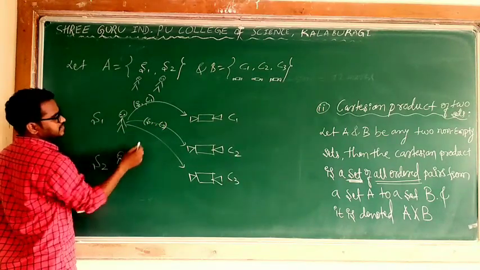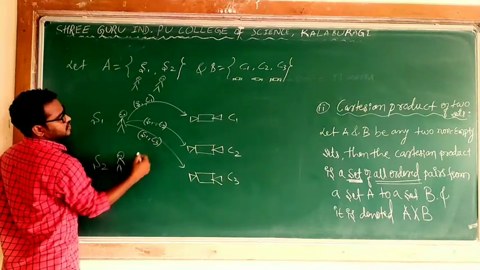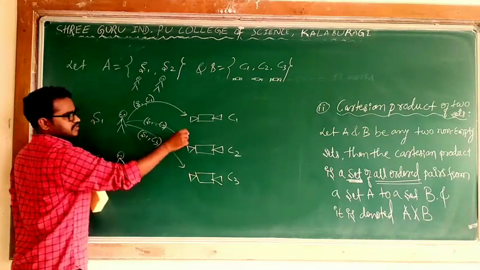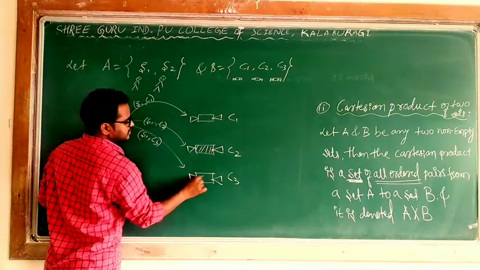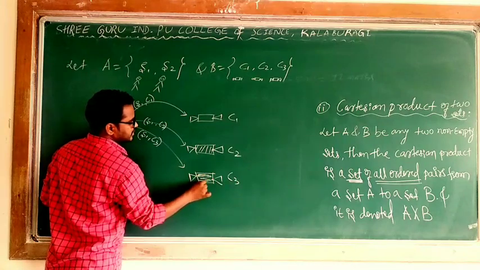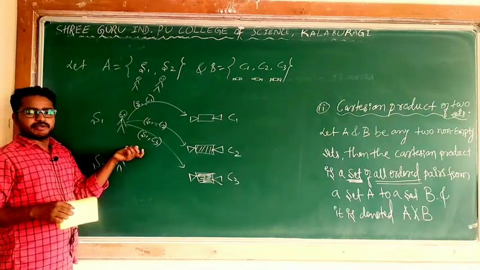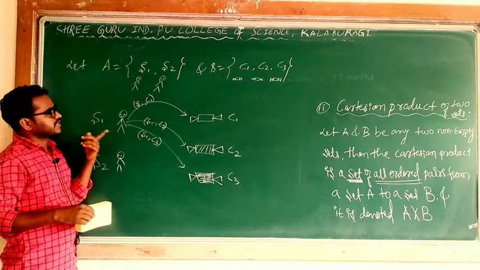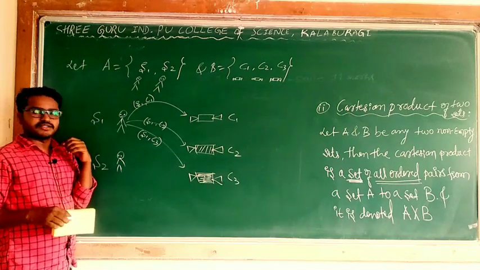S1 can take C3, the third chocolate. These are different chocolates: this is one chocolate, this is another, and this is a third, different chocolate. So the first ordered pair, second ordered pair, third ordered pair: S1 can take the first, second, or third chocolate.